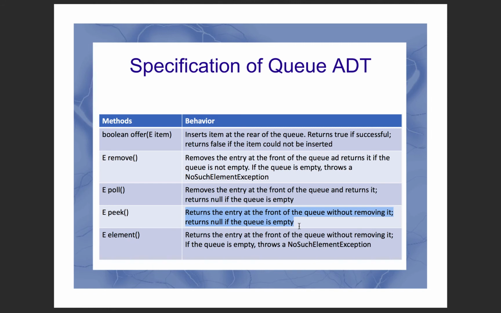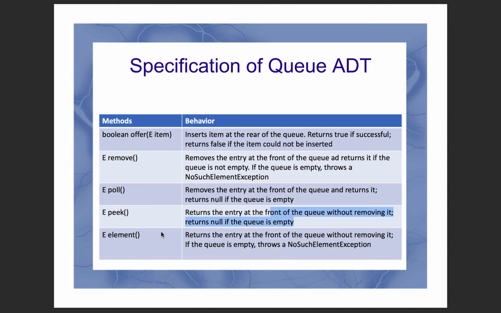We have seen the peek method in the stack also, where it returns the top element of the stack. Now in the queue, the peek method returns the front element of the queue without removing it.